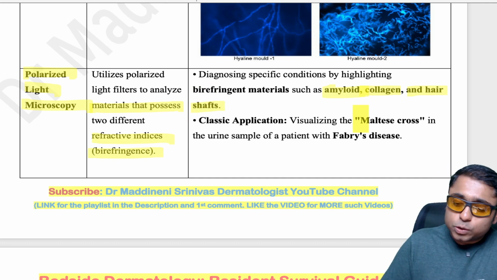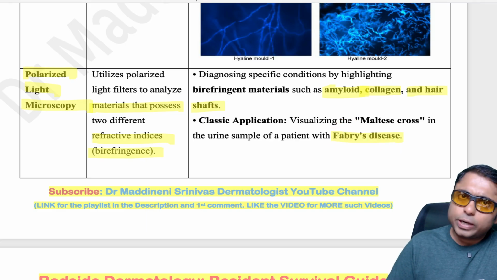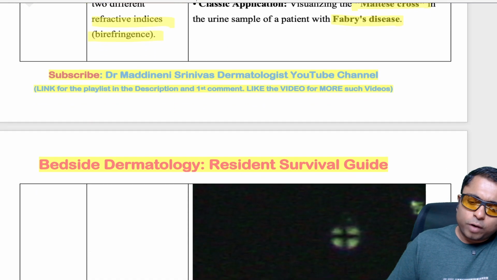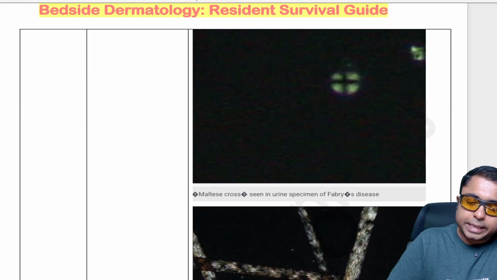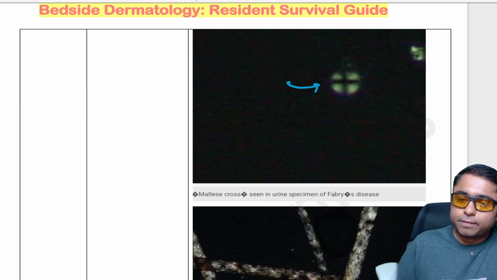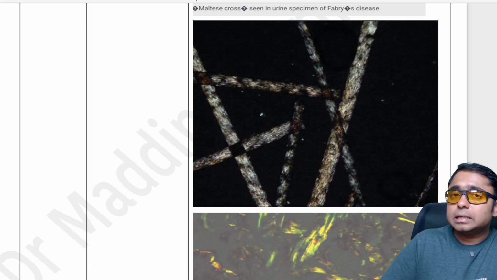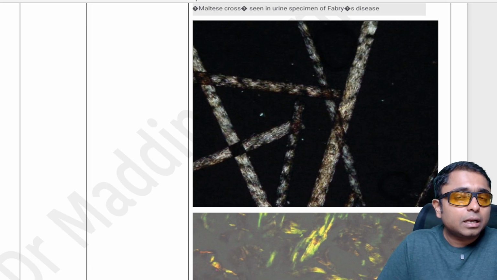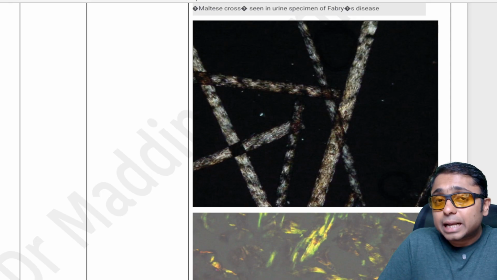In the case of Fabry's disease, if you take a urine sample, we are going to visualize the Maltese cross, but that is not very routinely observed. So here you can see these are the Maltese crosses in Fabry's disease, but this is the important use case where you are able to see this tiger tail deformity on polarized light microscopy.